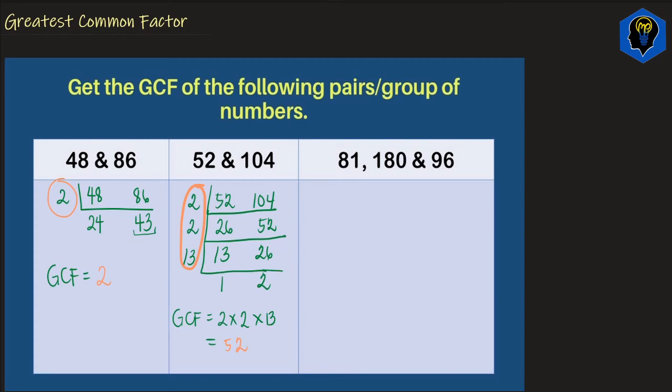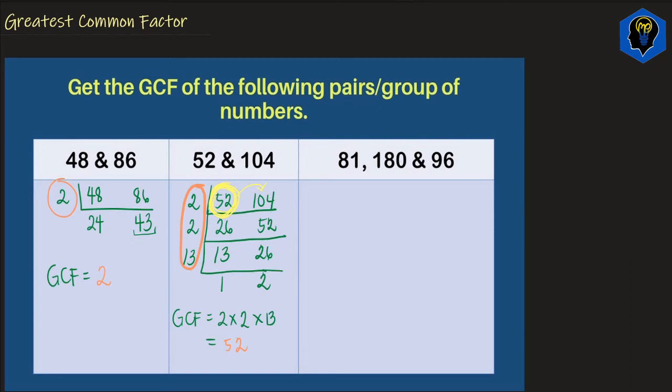Now, I'll give you a tip. If you could see that the smaller number is already a factor of the bigger number, then don't solve anymore. That is already the greatest common factor.